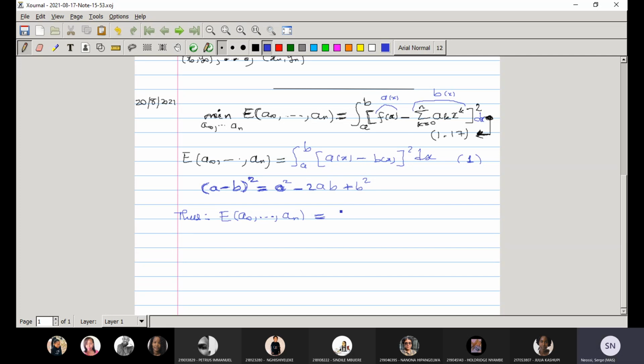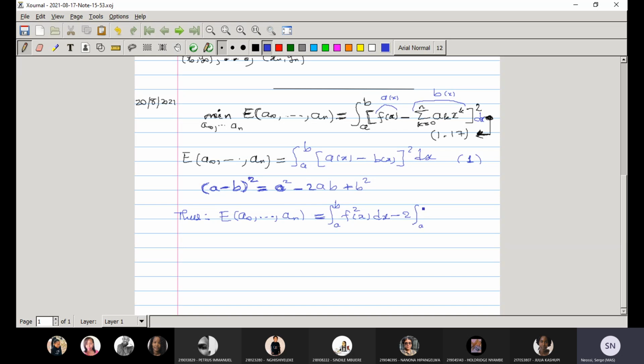So I can do that right away. The first one, a, is f(x) squared. So I have the integral from a to b of f(x) squared dx for this first expression. Now, minus 2 times the product. I can take the 2 out of the integral sign because it doesn't depend on x.